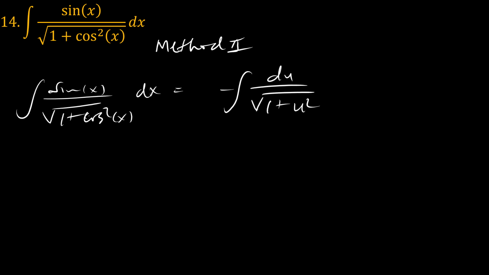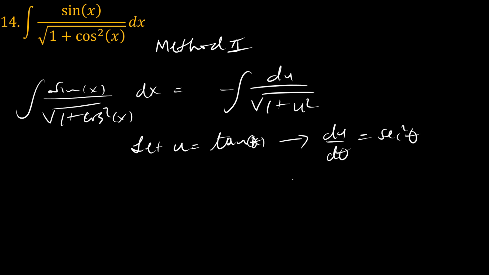And so if we say let u be equal to tangent of theta, which implies du d theta is equal to sec squared theta, meaning that we can substitute for du with sec squared theta d theta.